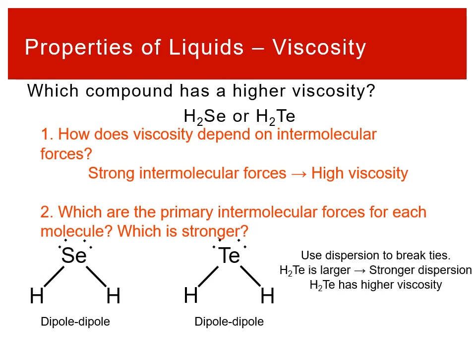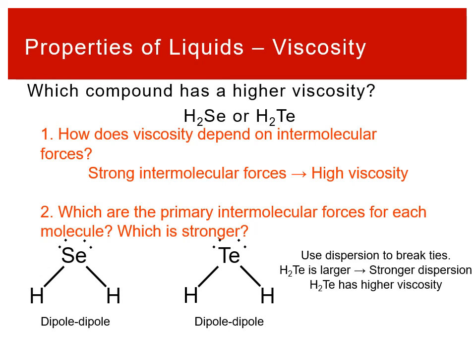And stronger dispersion corresponds to a larger molecule. H2Te is a larger molecule. Tellurium is a much larger atom with more electrons than selenium, right? More electrons gives you more opportunities for those dipole fluctuations. And so since it has stronger dispersion, that means it has stronger intermolecular forces, and H2Te has a higher viscosity.